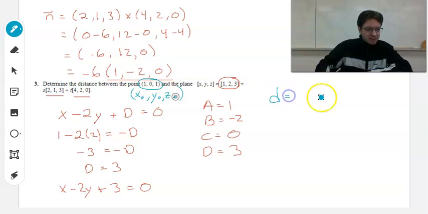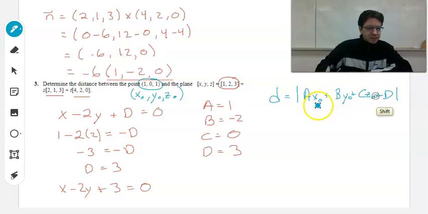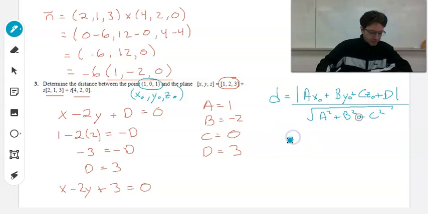So just as a reminder, our distance equation looks like this for a point to a plane. It's a x naught plus b y naught plus c z naught plus d, all over the square root of a squared plus b squared plus c squared.